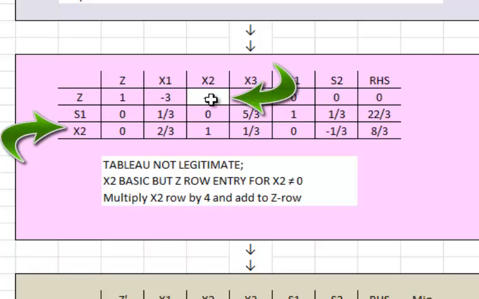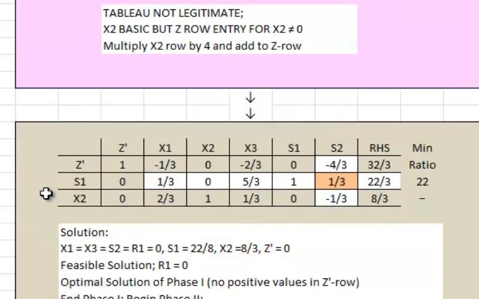Just like the start of phase 1, we are now dealing with the same situation. So we are going to multiply x2 row by 4 and add it to the 0. That will generate a 0 in here and we will have a legitimate tableau.